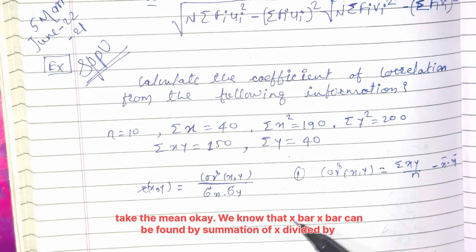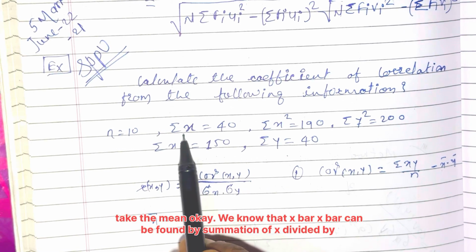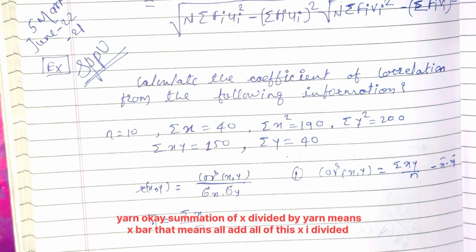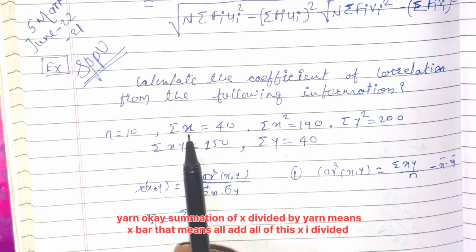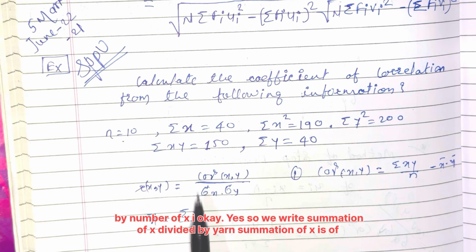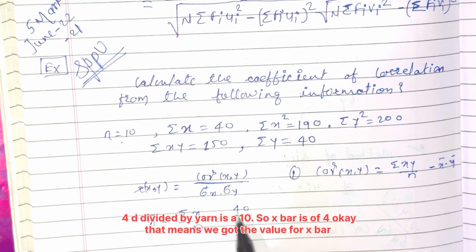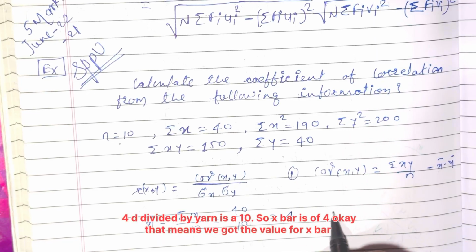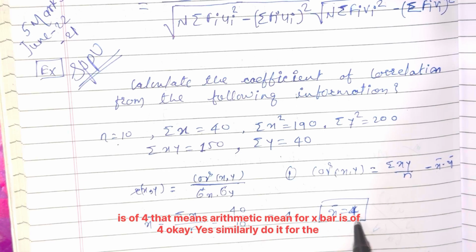We know that x bar can be found by summation of x divided by n, that means adding all the xi divided by the number of xi. Summation of x is 40 divided by n which is 10. So x bar is 4, the arithmetic mean for x.